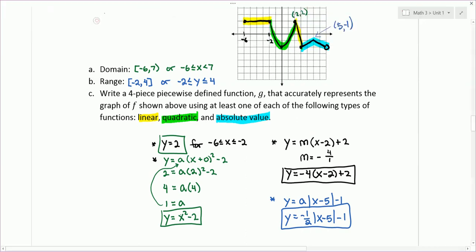For the second part of this piecewise function, the left endpoint's at negative 2, the right endpoint's at positive 2. That's how far right that goes in green. And so that's true only for x between negative 2 and positive 2. Make sure you include them again because we have a closed point at each endpoint.